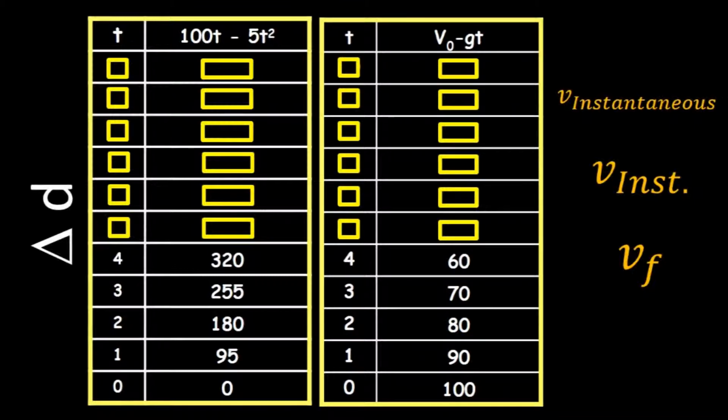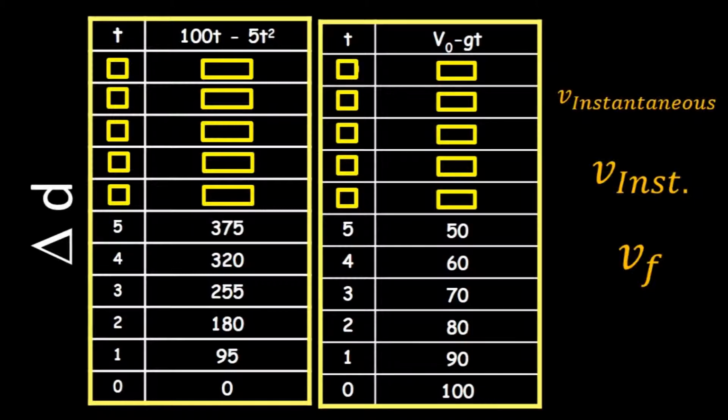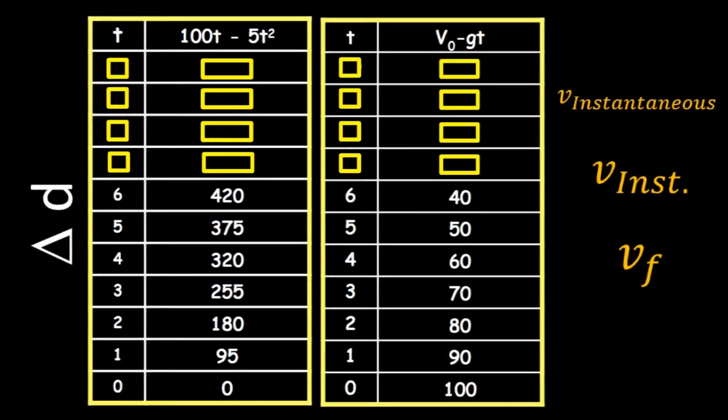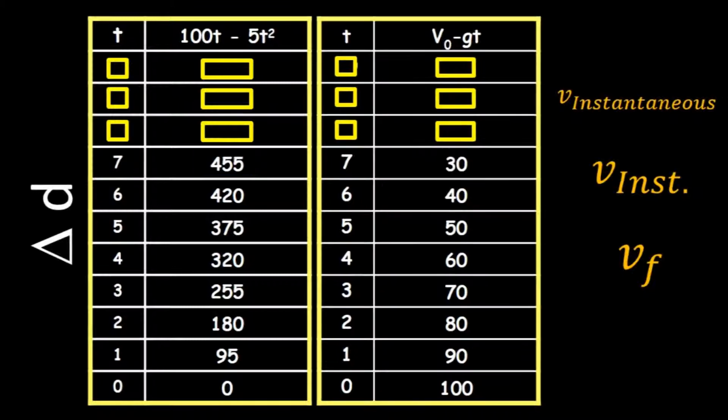So we see that the change in distance is going to be 95, 180, 255, 320, 375, and you can plug into the equation and try to guess. And then the velocity is going to decelerate at the rate of 5 meters per second each second. So at the end of every succeeding second, the velocity will be 10 meters per second less.